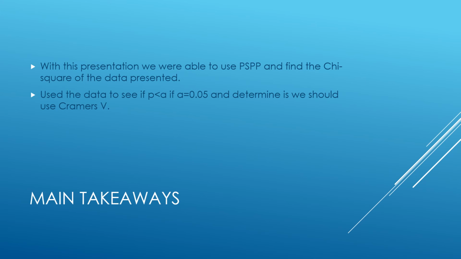And so we used that data to show the p-value if it was less than alpha, where alpha is equal to 0.05, and determine if we should use Cramer's V to show how strong our relationship is between the two variables.